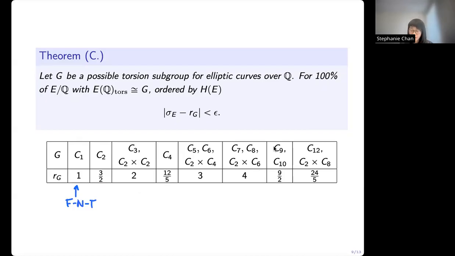Right. So next, I want to mention some ideas that are used in the proof and maybe suggest why the typical Szpiro ratio is a bit larger.